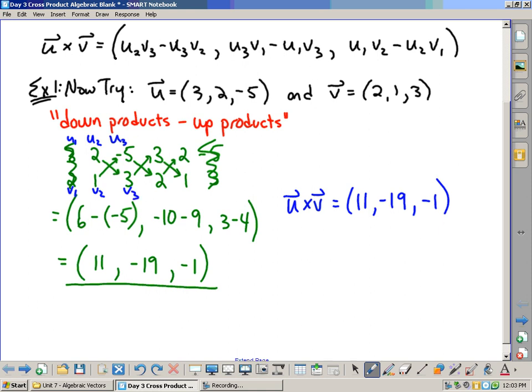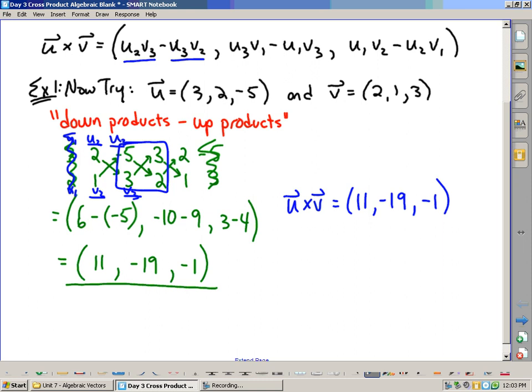I don't expect you to write this stuff down in blue, but notice that by ignoring the first two, we end up with U2 times V3, which is right there, minus V2 U3, which is right there. And then of course it gets repeated. This pair is looking at the third and first, and then this pair is looking at the first and second.